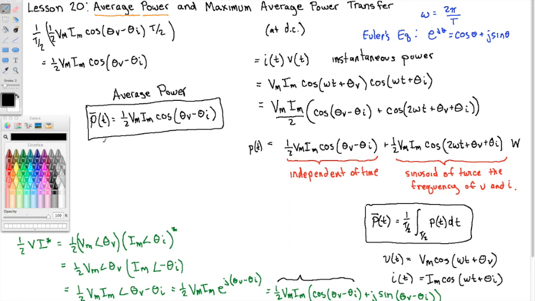So we conclude that the average power is 1/2 times the real part of V times I complex conjugate. And again, that's equal to this thing in the box too. So this is kind of in time, if you like to call that, even though the time is not there. This is in phasor form.